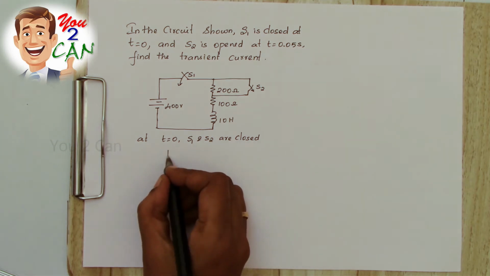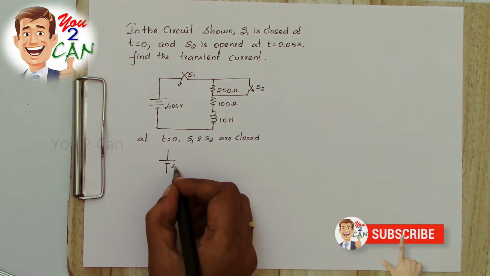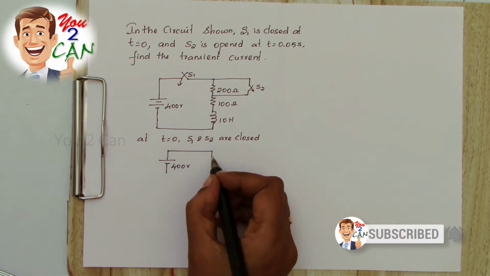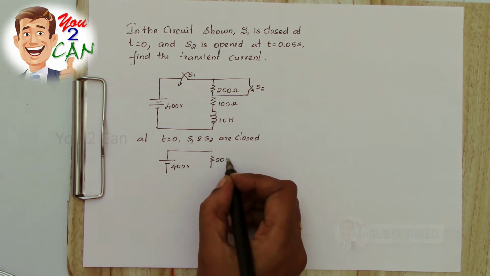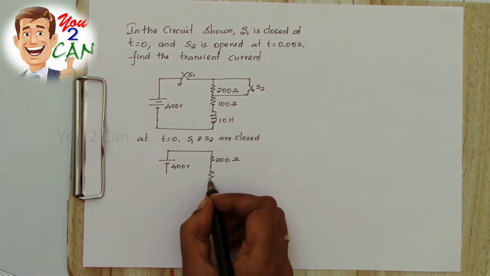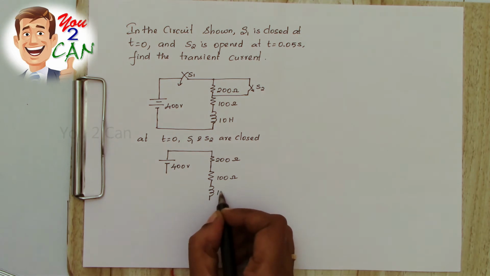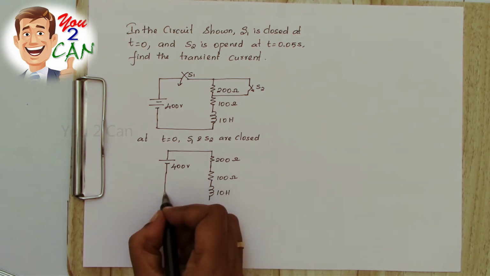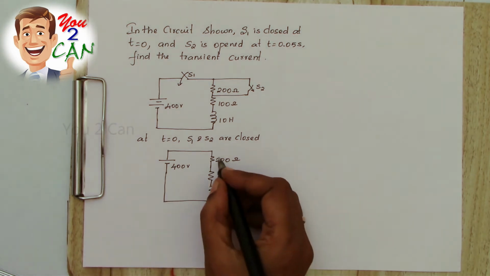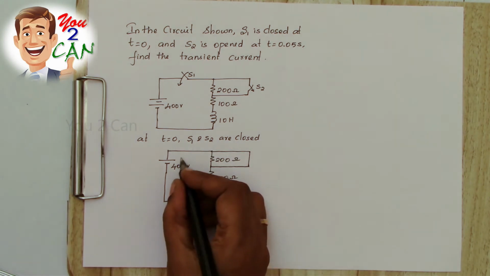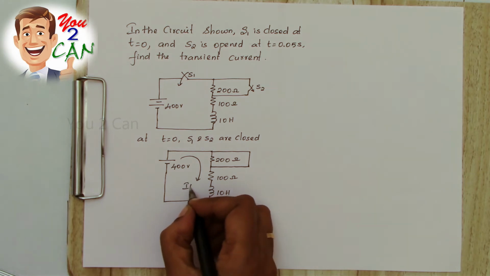Okay, now at first S1 and S2 are closed. Now what is the circuit behavior? 400 volt, S1 is closed. So here there is 200 ohm, 100 ohm, 10 Henry, and this switch is also closed. A current i of t flows through the circuit.